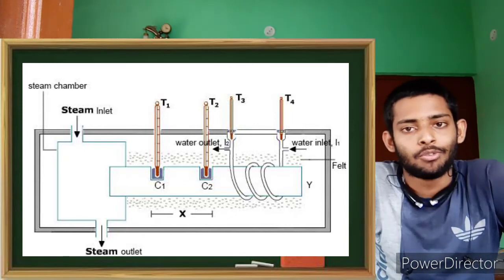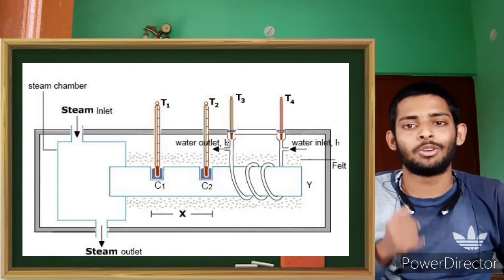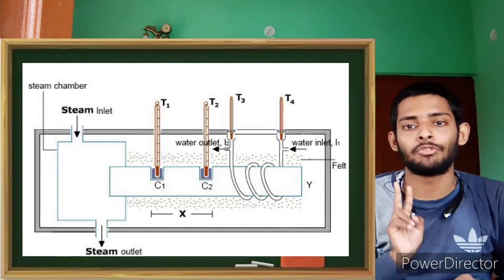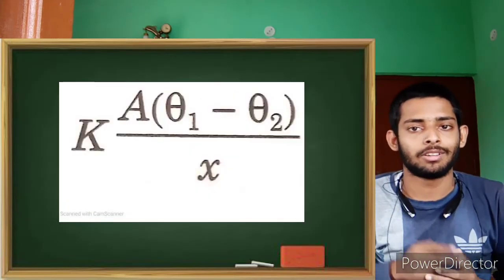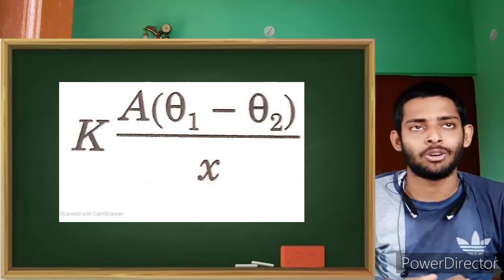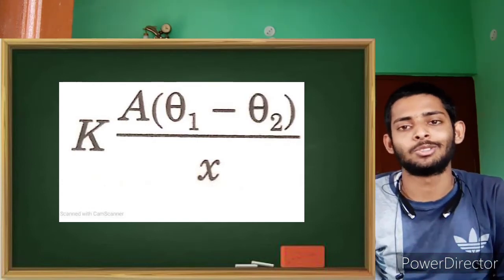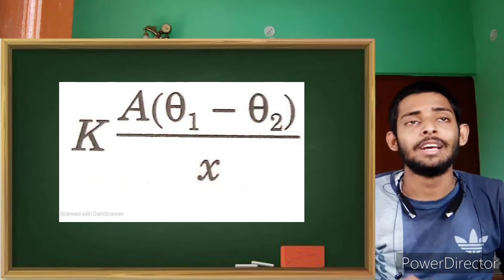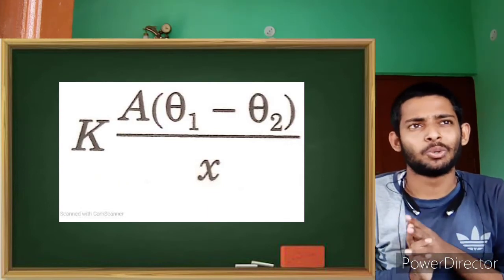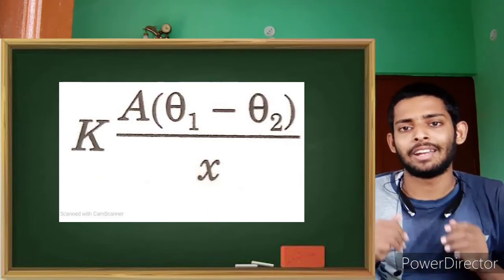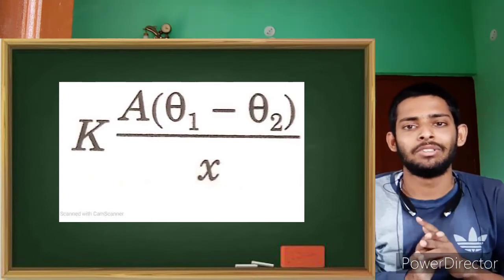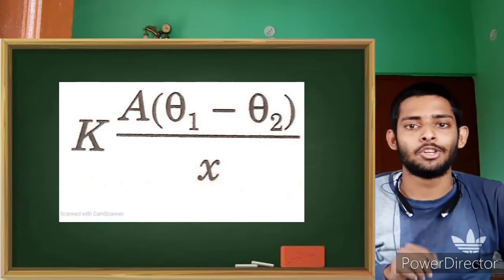How will we calculate? You just need an understanding of two basic formulas from heat and thermodynamics, which you must have studied in your school days. The first one is about thermal current, or heat current. Heat current is similar to electric current. In electric current, electrons move inside the rod, and we say electric current is dq by dt.